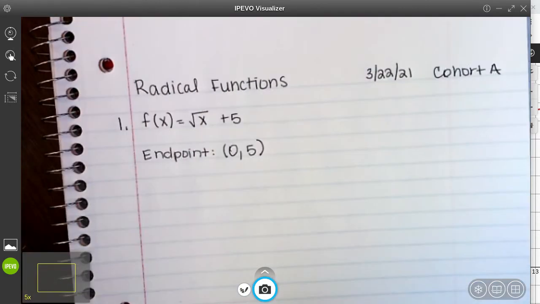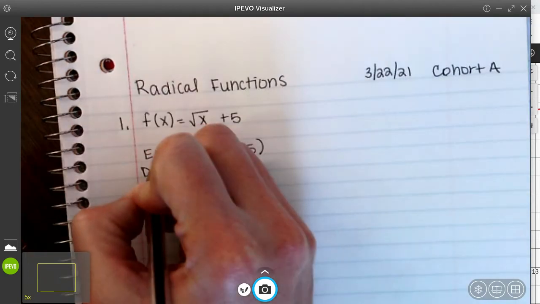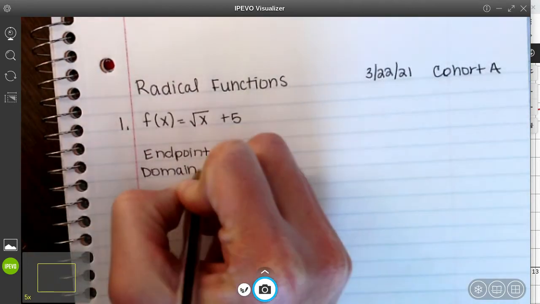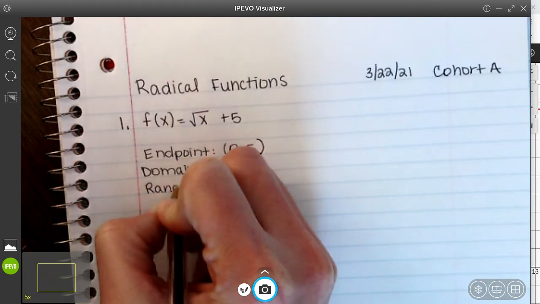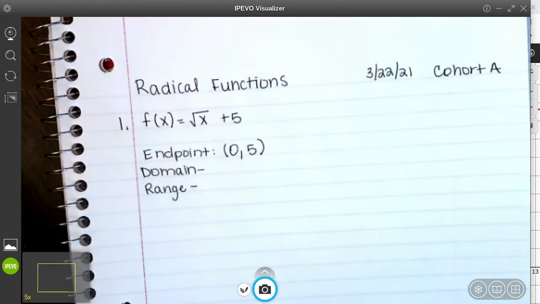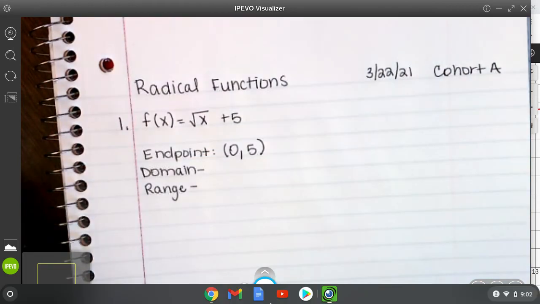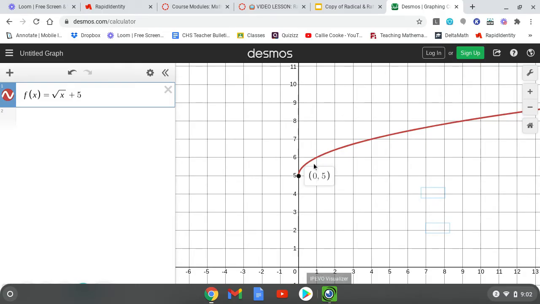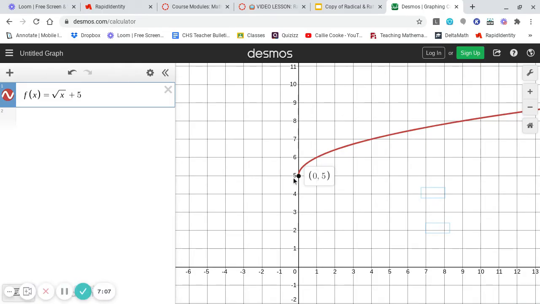So when we talk about the domain and the range then, okay, so let's think x values. So x values, we scan left or right. So what's the lowest x value that this graph uses?